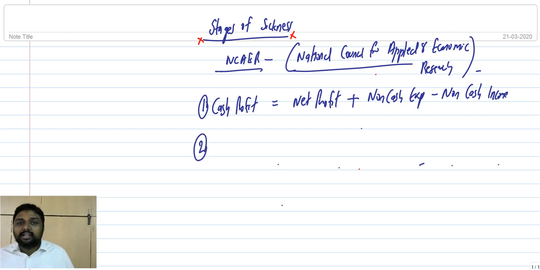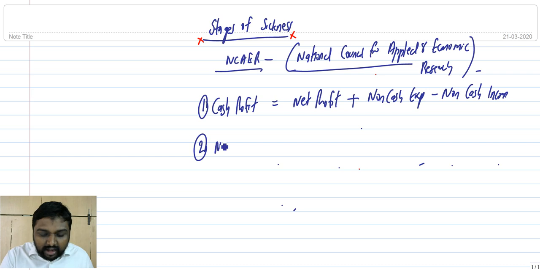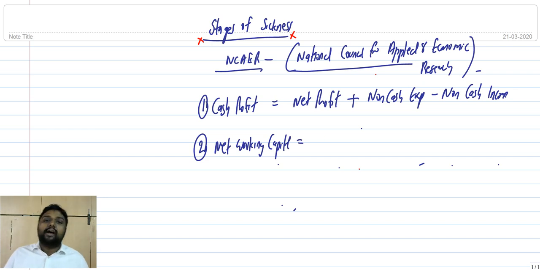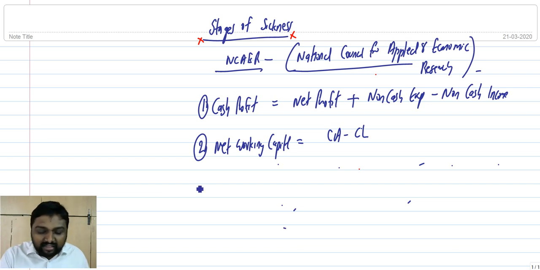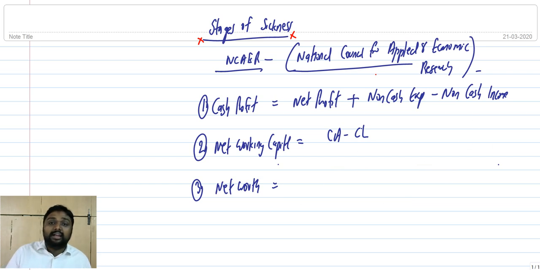What is the second one? The second one is net working capital. You have no doubt here: working capital is current assets minus current liabilities. The third one is net worth. What is the meaning of net worth?